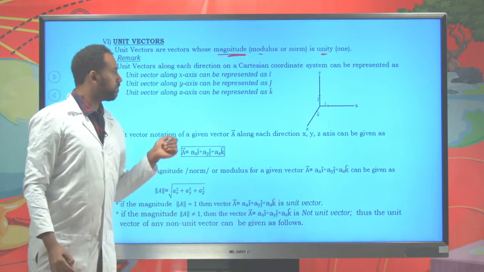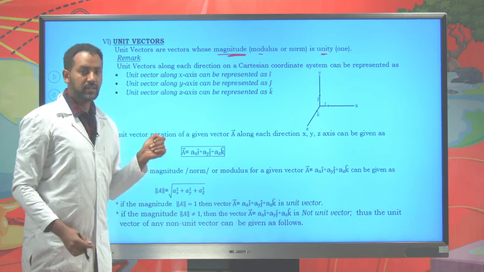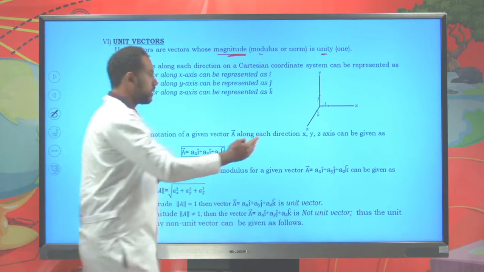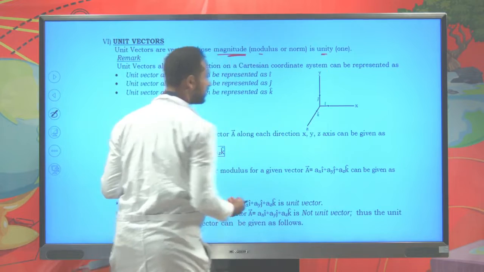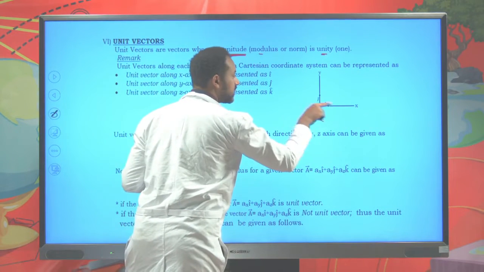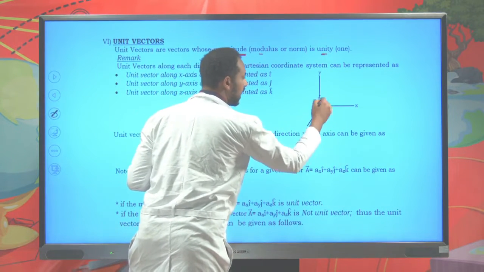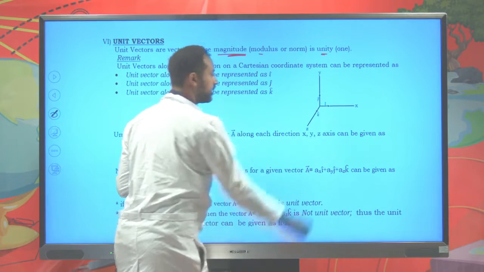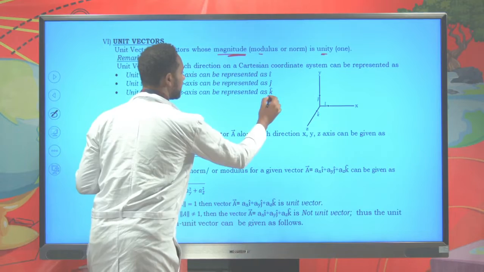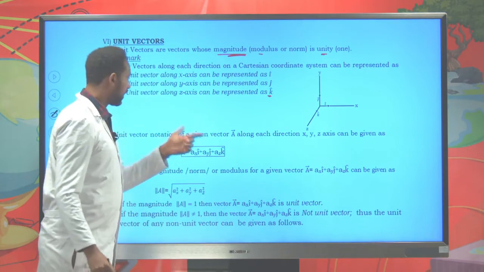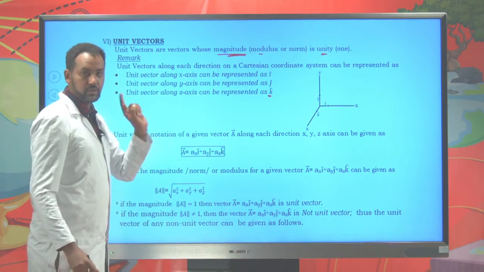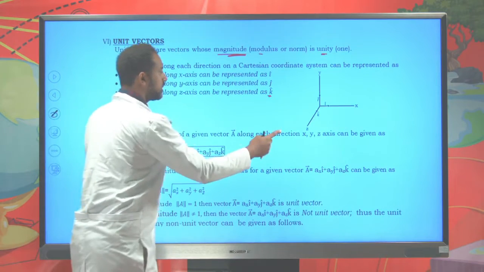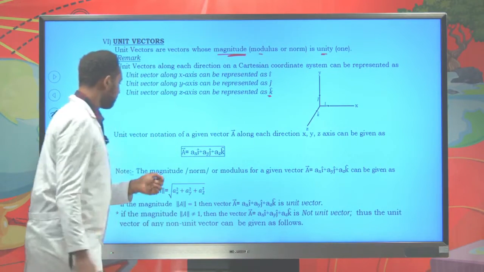To represent the unit vectors on each axis, we have 3 coordinates: x-axis, y-axis, and z-axis. The unit vector acting along the x-axis is called i, the unit vector acting along the y-axis is called j, and the unit vector acting along the z-axis is called k. All their magnitudes are 1. The only thing they represent is the x, y, and z directions.